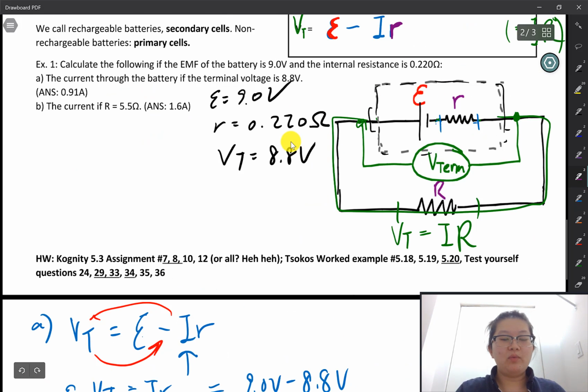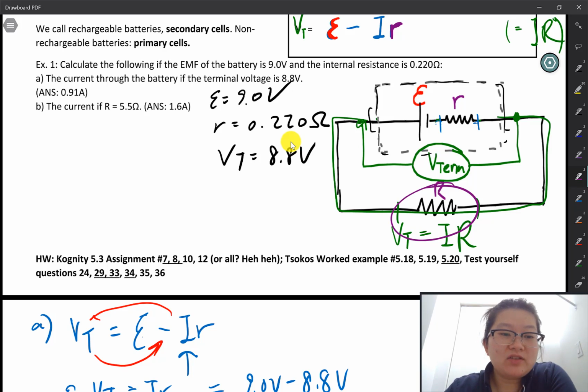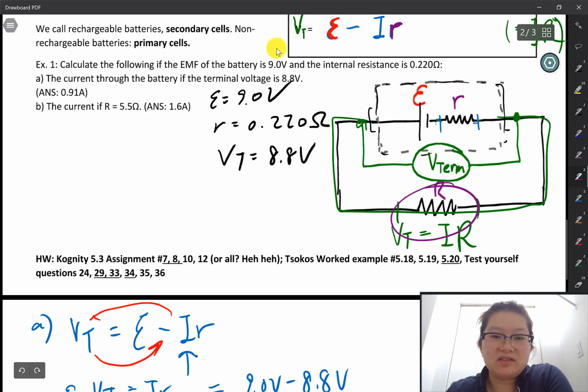So for B, we want to find the current if this external resistor is 5.5 ohms. Keep in mind that if we're trying to find that, we can't assume that the terminal voltage is going to be the same anymore. We can't assume it's going to be 8.8.